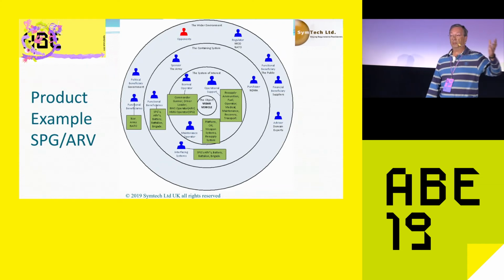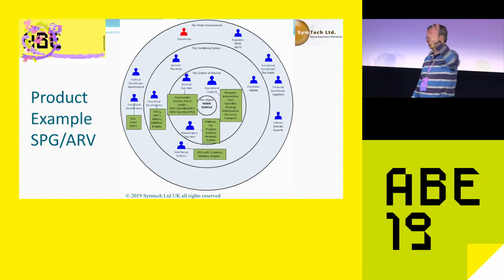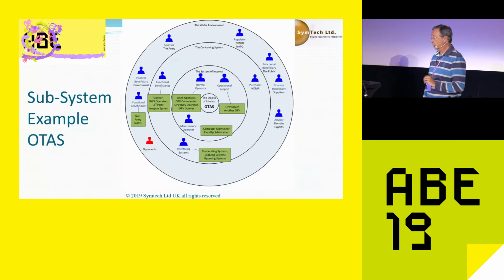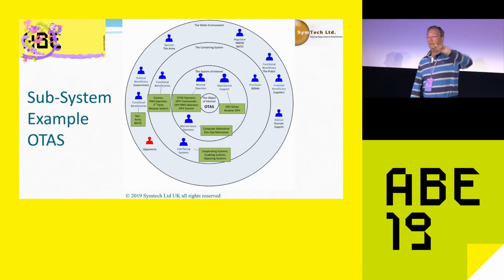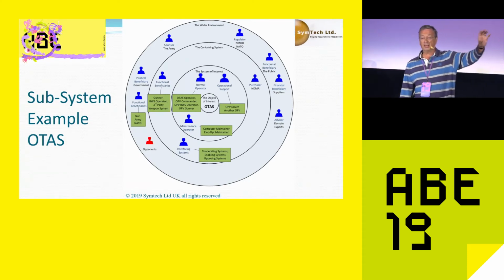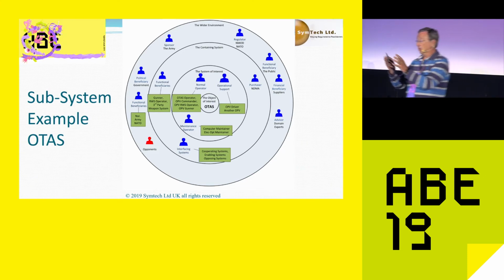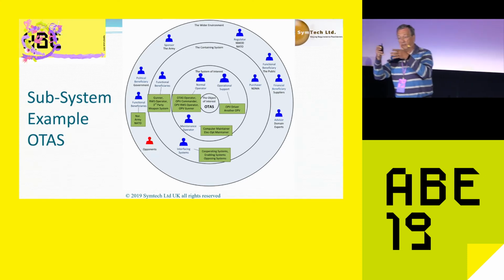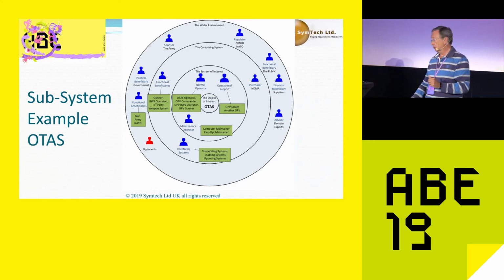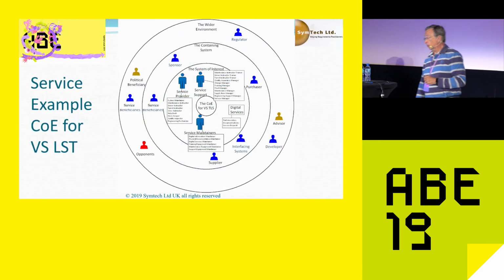And at the very top, you've got the Norwegian army. So that's just a self-propelled gun. There's a subsystem in there called OTAS, and now notice the gunner is now the functional beneficiary. The gunner doesn't actually touch this OTAS system. You've got the OTAS operator, so you can dive in deeper and deeper within your system breakdown. But it also works for a service.